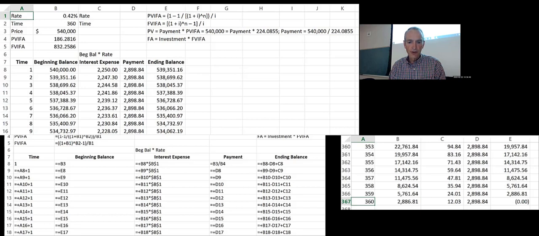I want the actual formula. Somehow I lost the formula, but I'll bring it in. So the future value formula is 1 plus the rate raised to the n, minus 1, divided by the rate.